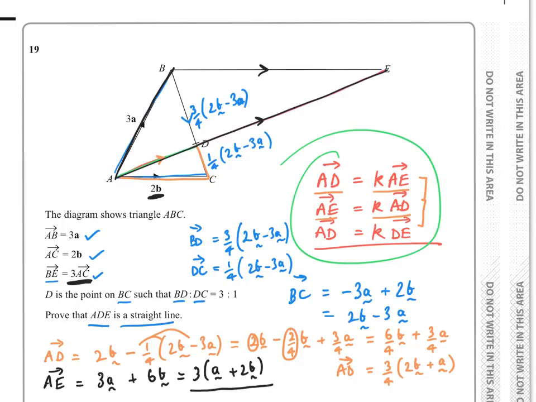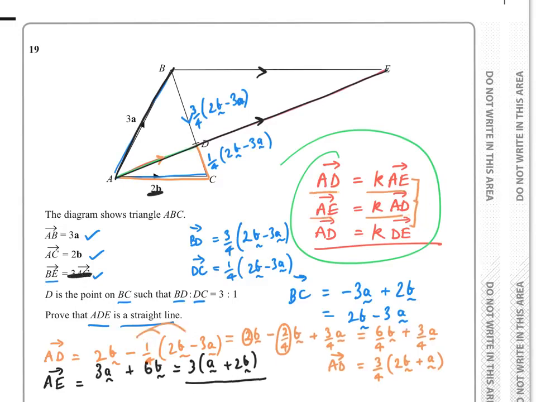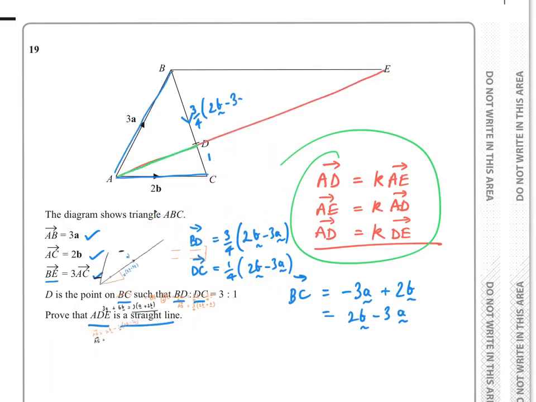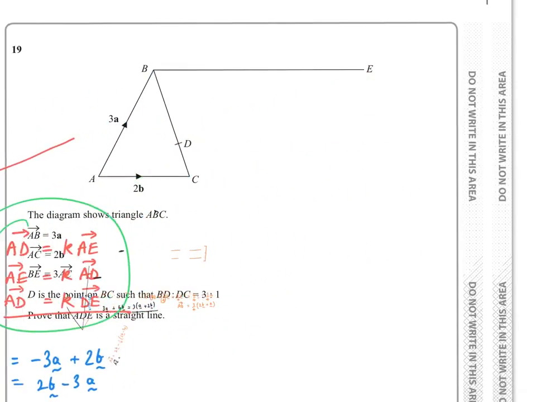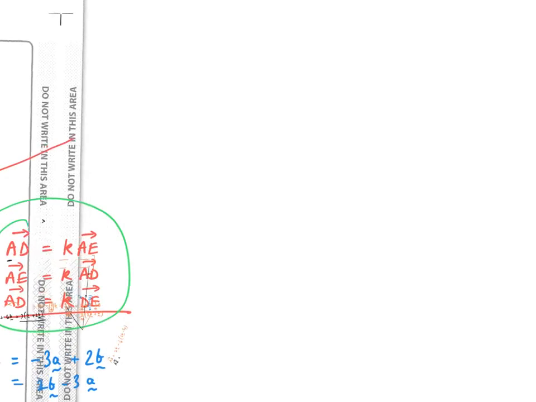So when you're looking at these, you can see AE is the whole of the vector, including going through D, because A to D is a multiple of the same gradient, they'd have to be on the same straight line. I think there are other ways of doing this, and I'll just write down for you some of the other vectors that you can have in this question. Let's just get rid of all of this.